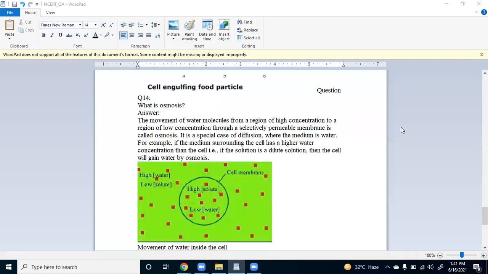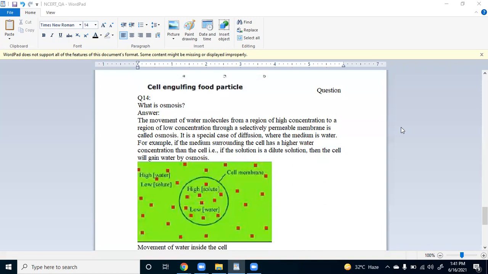What is osmosis? Osmosis is a process in which there is movement of water from a higher concentration region to a lower concentration region, and it takes place through a selectively permeable membrane.